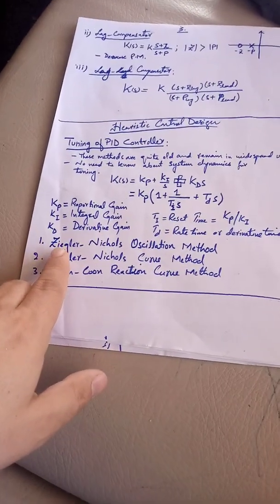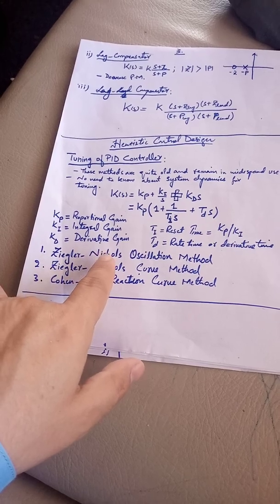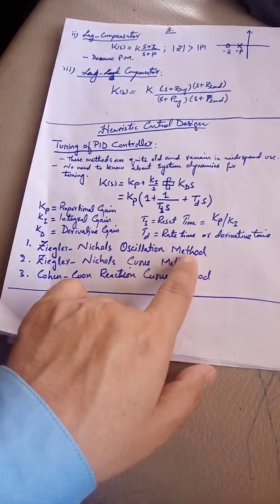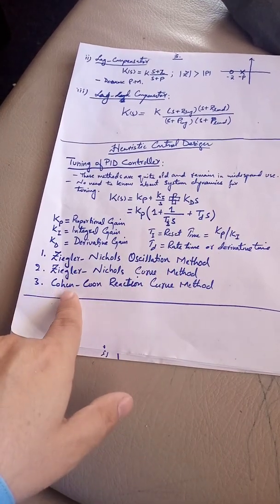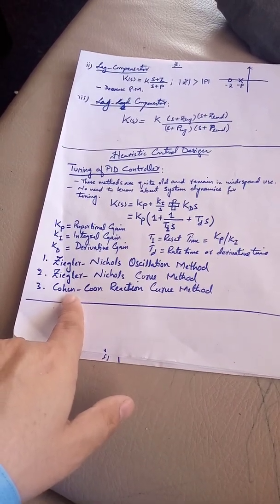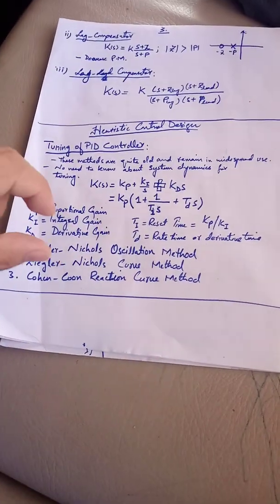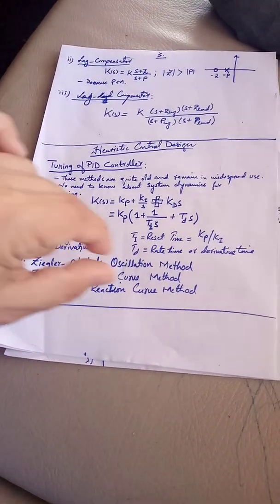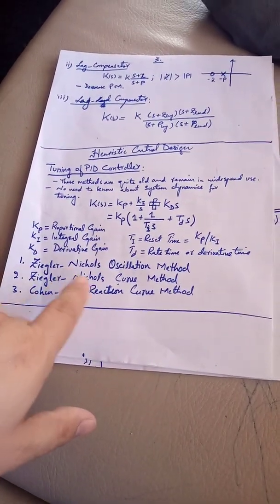Now the methods we are looking at are known as the Ziegler-Nichols oscillation method, the Ziegler-Nichols curve method, and the Cohen-Coon reaction curve method. The basic idea is that we have two types of method: one based on oscillation and the other based on the curve.